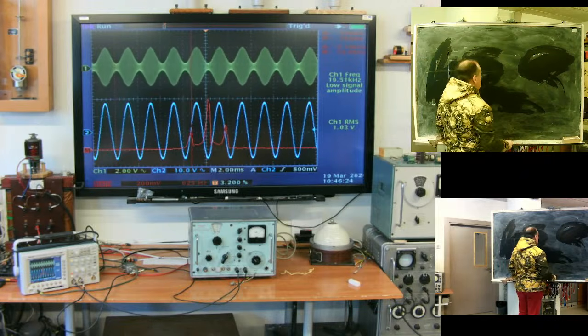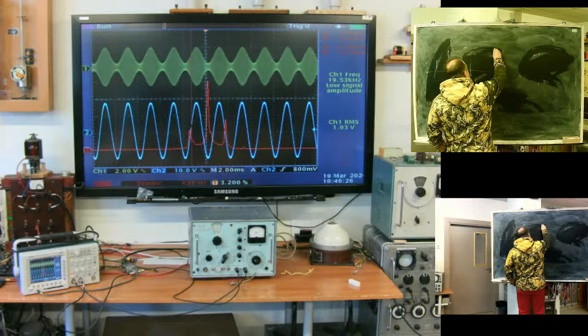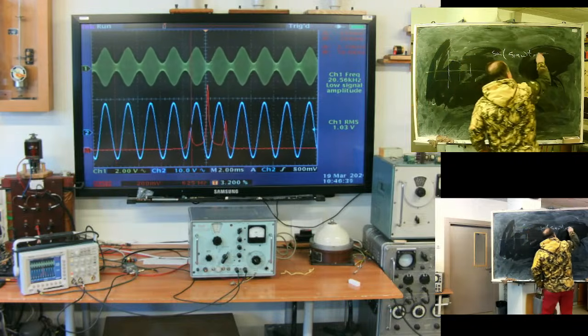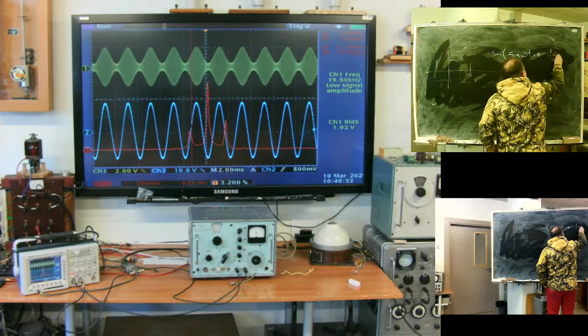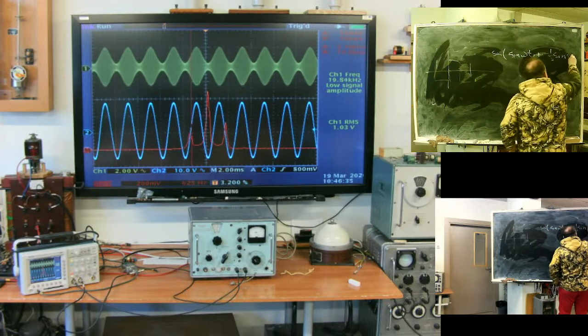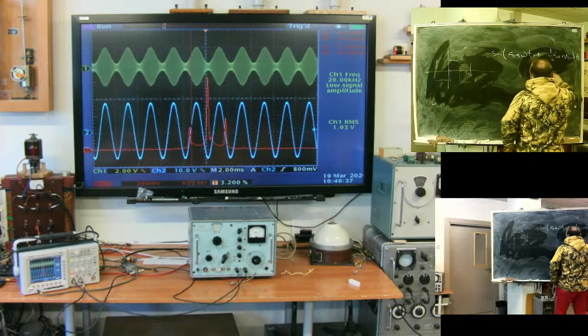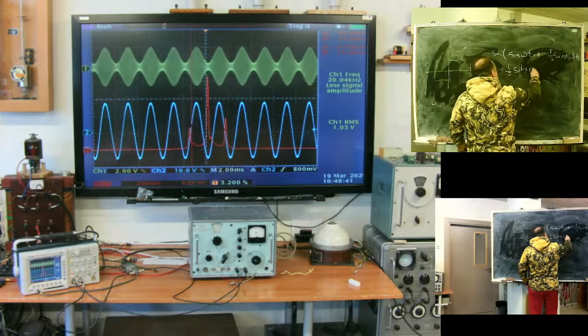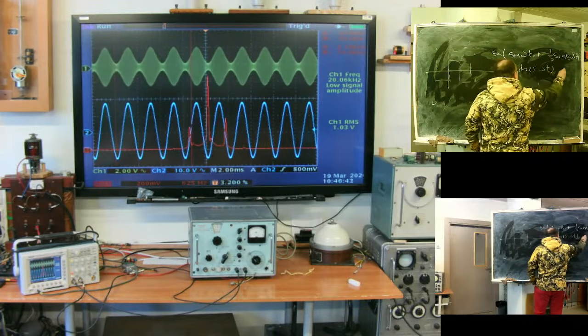Such a signal has a composition as U max times sine omega t plus 1/3 sine 3 omega t plus 1/5 sine 5 omega t, and so on.